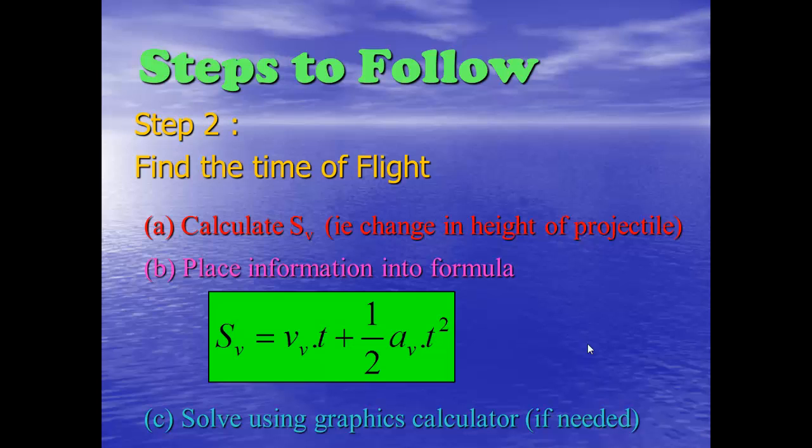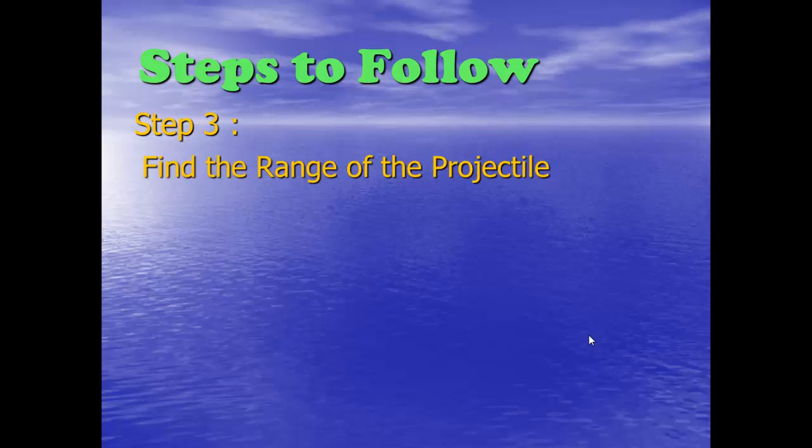And if it's dropping down from the original height, so it's going to land lower than its original height, then we'll use a negative SV. Then we put that into the equation. It works out pretty simply. You can actually find the values of t using your graphics calculator if we have to.